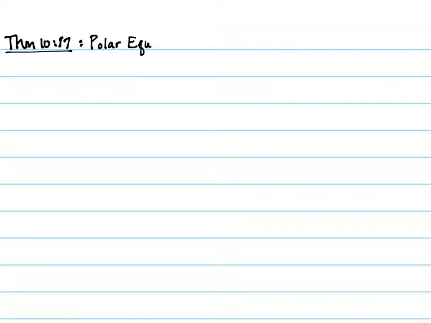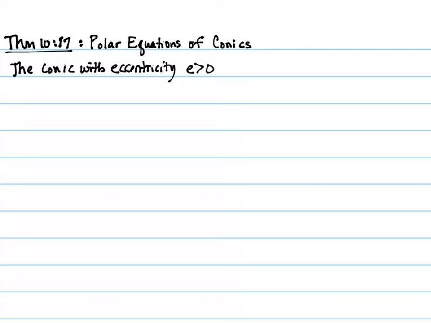So these are the polar equations of conics. We have the conic with eccentricity e greater than 0, with a focus at (0, 0), and the indicated directrix.